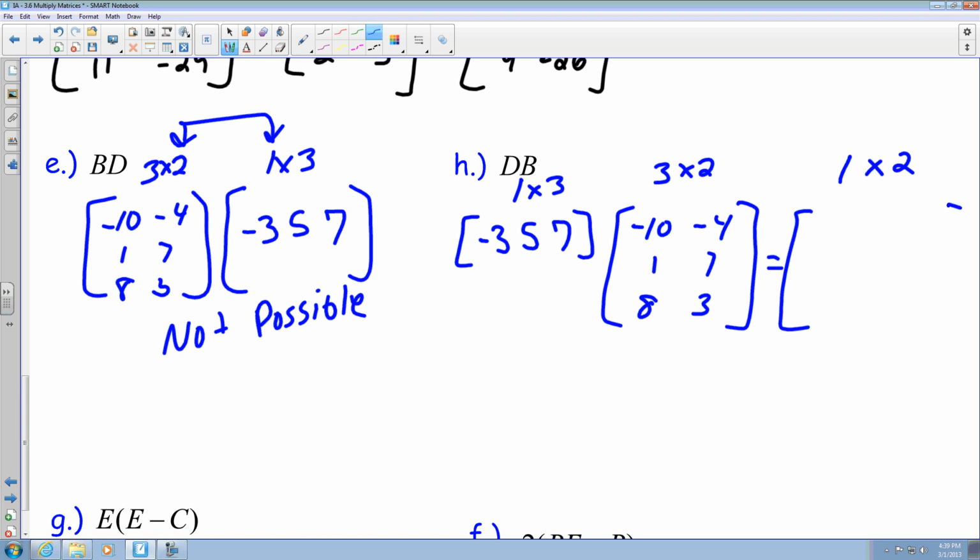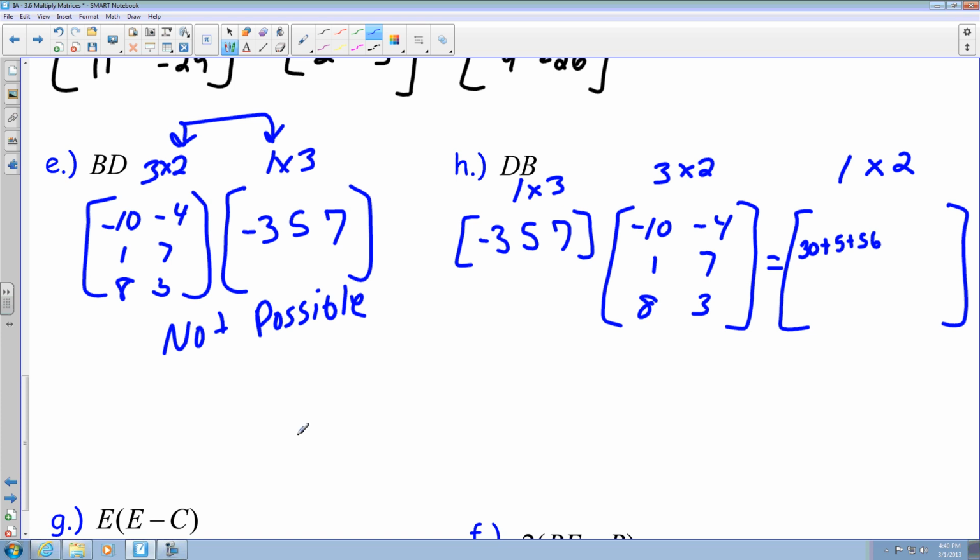So I'm going to have one row and two columns. So taking that one row in matrix D, turning it on its side, which then gives me 30 plus 5 plus 56 for the first one, and then for the next one, again I'm using those same values, -3, 5, and 7 on its side, multiplying by its correspondence.